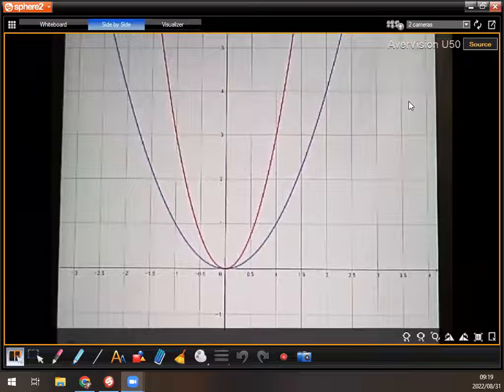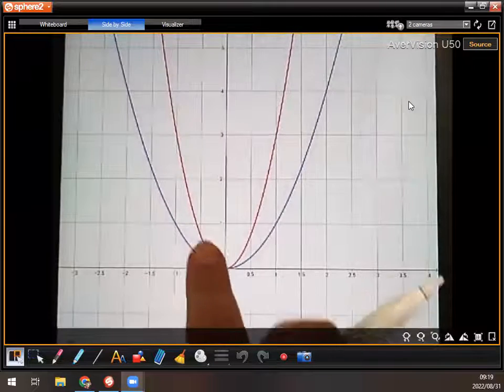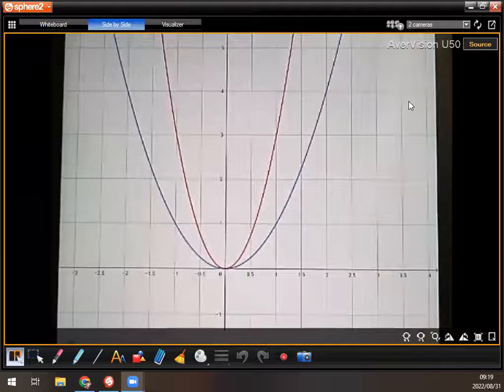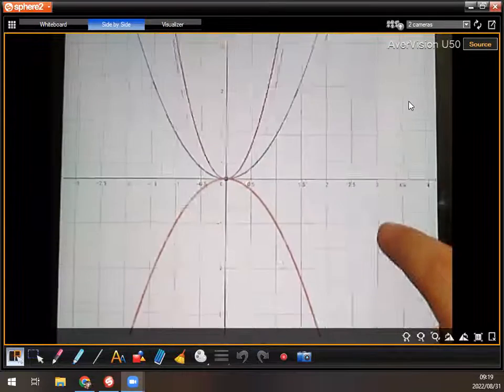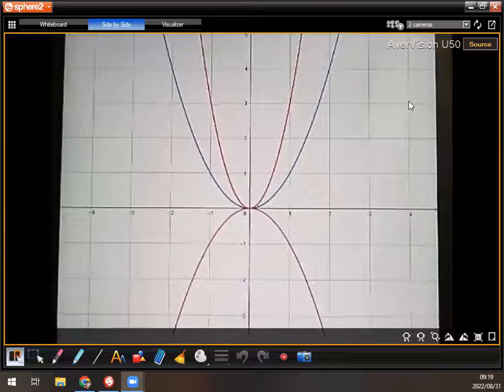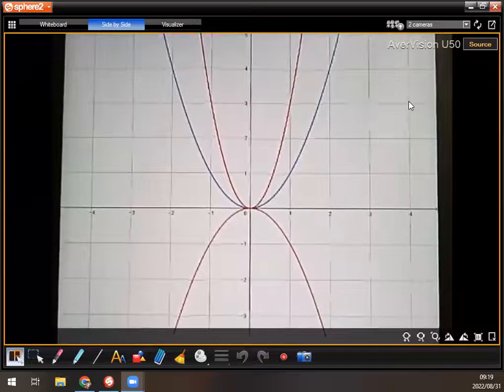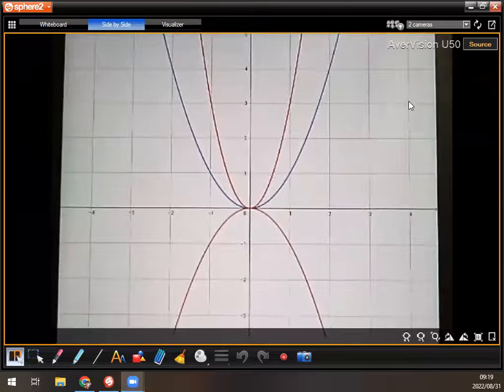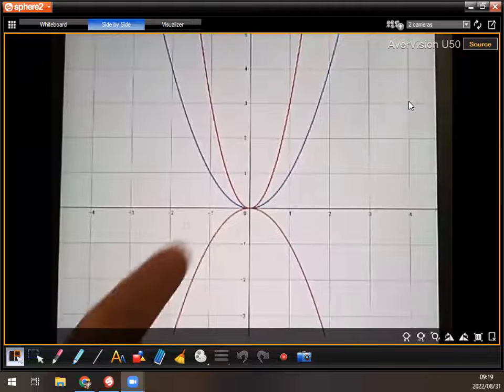I'm going to do negative x squared so that we can compare the blue one with this new one. Yes, so a will be 3. What's happening there? We're comparing the blue one now to this orange one.